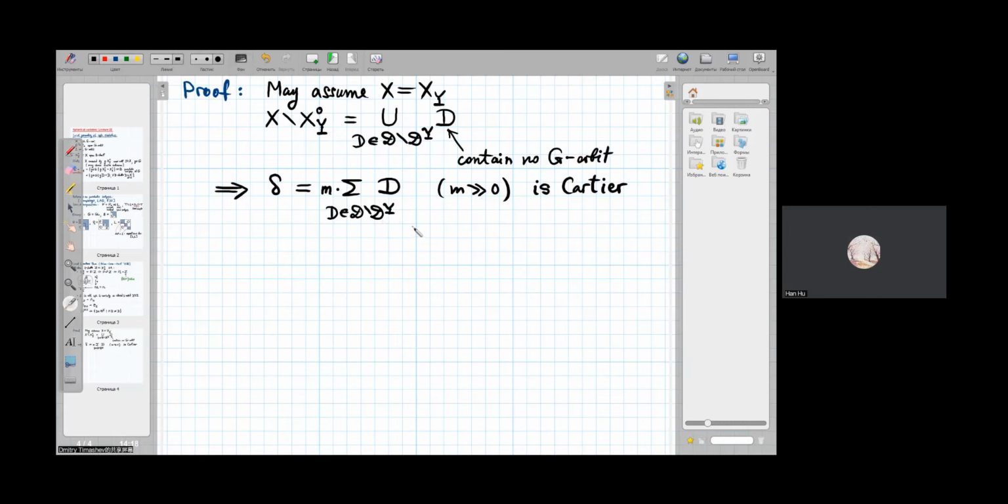But if a color contains a G orbit, then it will contain the closed G orbit Y, because it is unique. Y is the unique closed orbit in X. We now assume that X is simple. But here we removed those colors which contain Y. So the remaining colors do not contain Y, and therefore they do not contain any other G orbit. Okay?